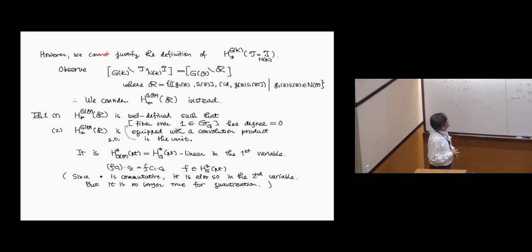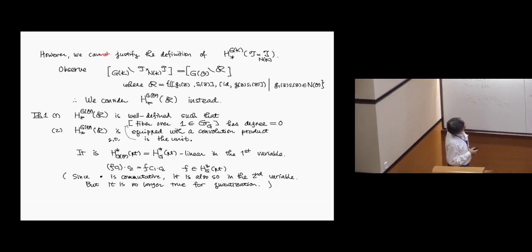So that's the reason this homological degree could be negative in general. Maybe I didn't emphasize it. I think I can now erase this.